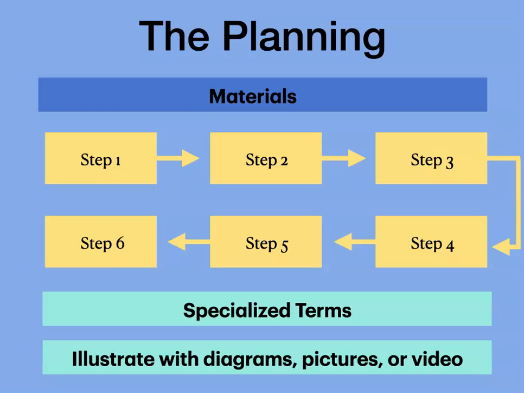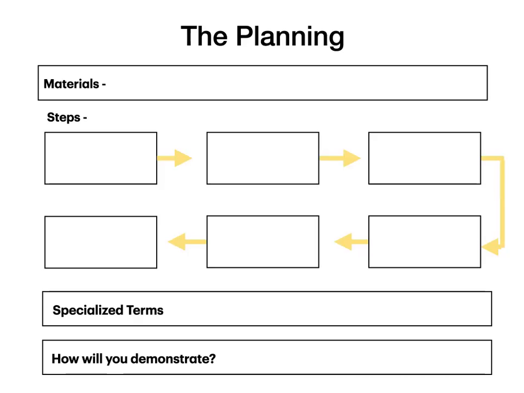Specialized terms, we've already discussed, are those words that the reader may not really understand. And then here you have the illustration with diagrams, pictures, or video. And so on your planning sheet, you can write down some ideas that you're going to do with that. Maybe if you're cooking, you're going to take pictures of the actual ingredients to include in the video.